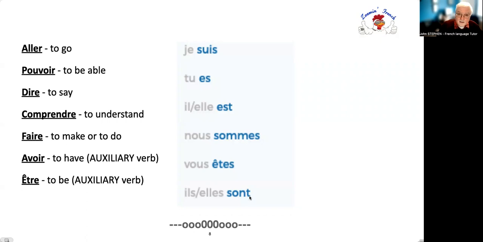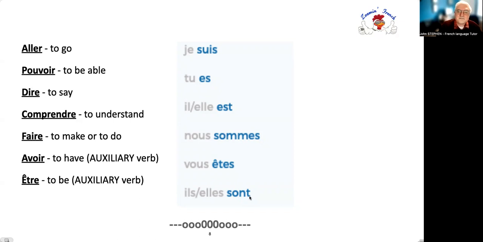And finally, for this first part of our lesson, because I'll do it in two parts, we've got the verb être. And notice again, it's also another auxiliary verb. Forget about that for the time being, but the verb être, which has a circumflex over the E, by the way, that is compulsory, not like connaître.